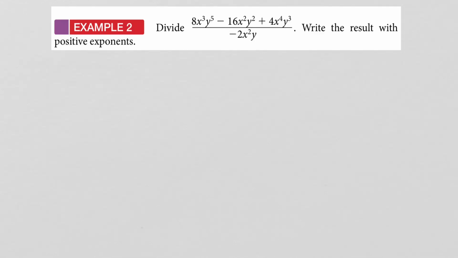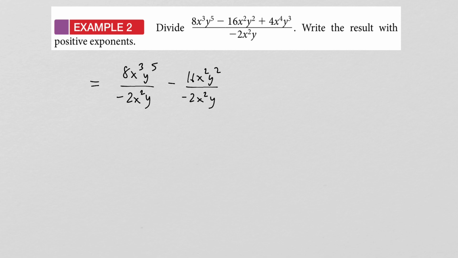In our next example, pretty much the same thing. So we are going to rewrite this as 8x cubed y to the fifth over negative 2x squared y. And then we have minus 16x squared y squared over negative 2x squared y. And then we have plus 4x to the fourth y cubed over negative 2x squared y.